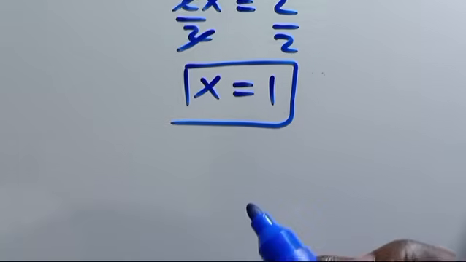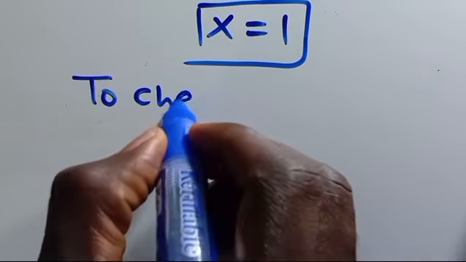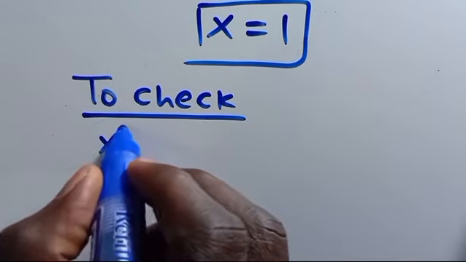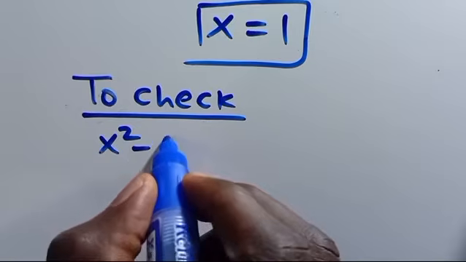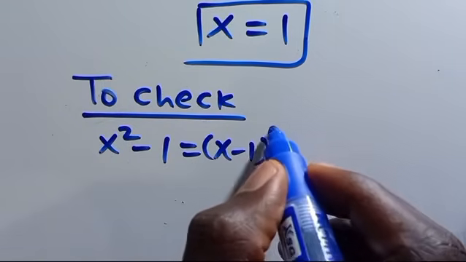So now let us check. Recall that we have x squared minus 1 equals (x minus 1) to the power of 2.